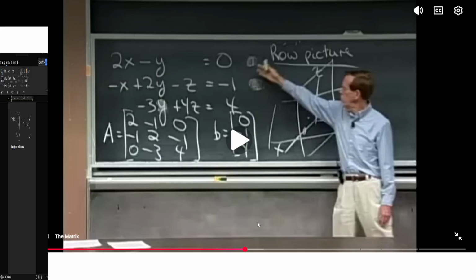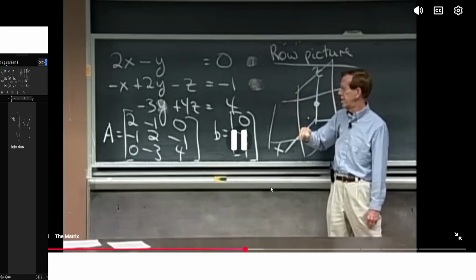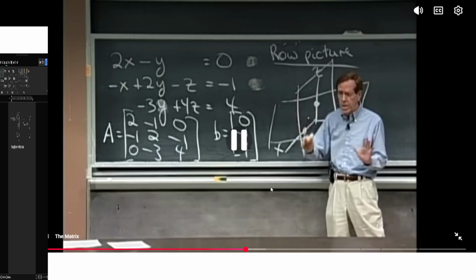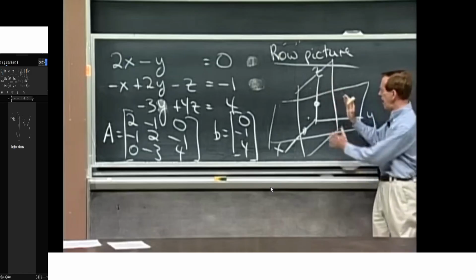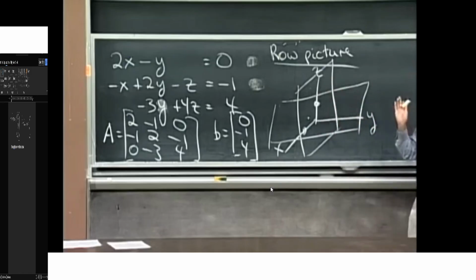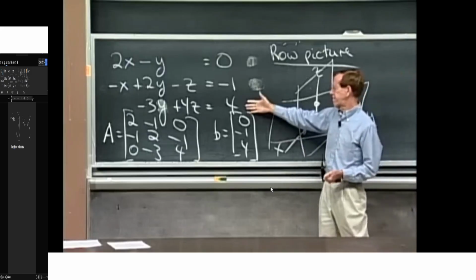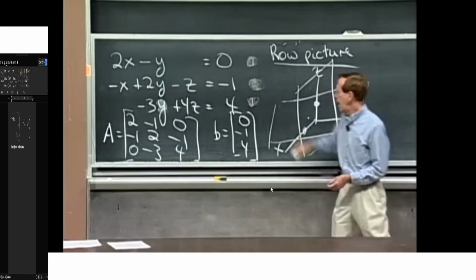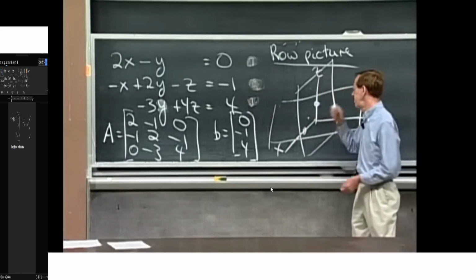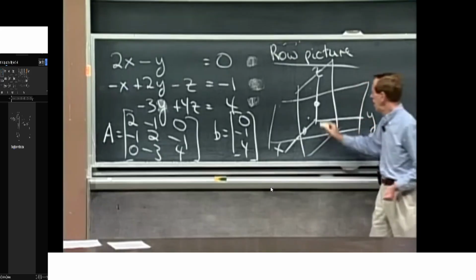What is this? Just the first 2 equations in 3 dimensions give me a line, the line where those 2 planes meet. And now the third equation is a third plane, and it goes somewhere.